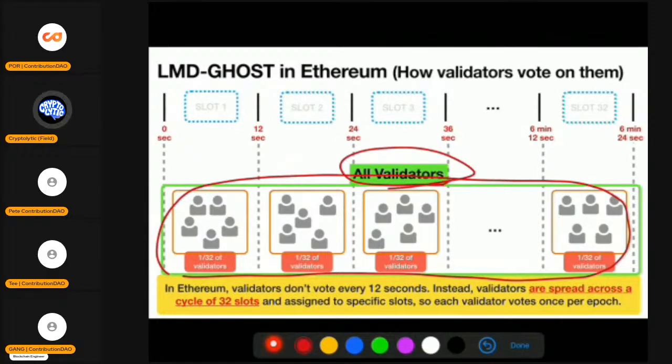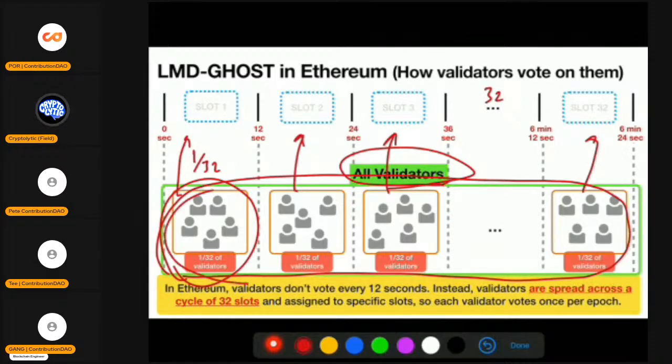So only a subset of 1/32 gets assigned to each slot. You would expect that when you complete one epoch, after 32 slots have passed, all of the validators have had a chance to vote.